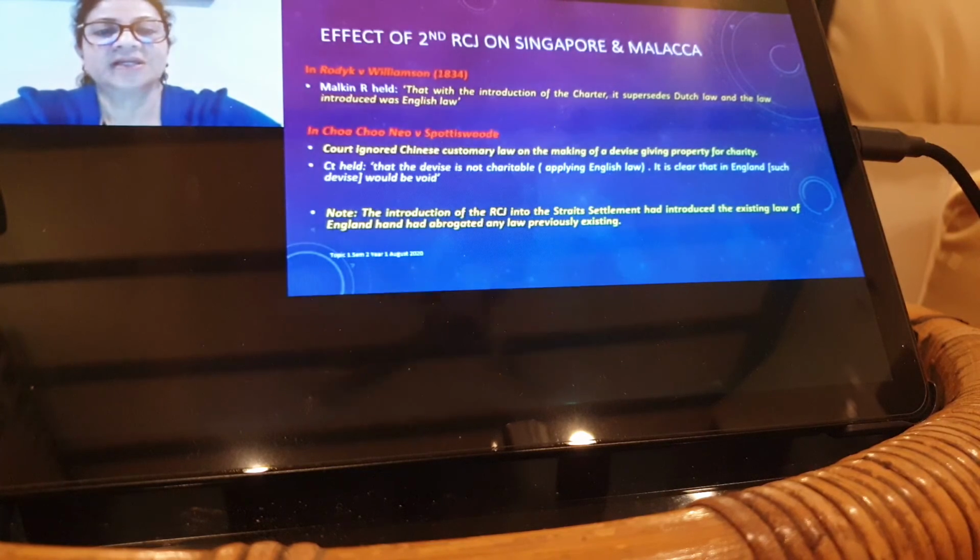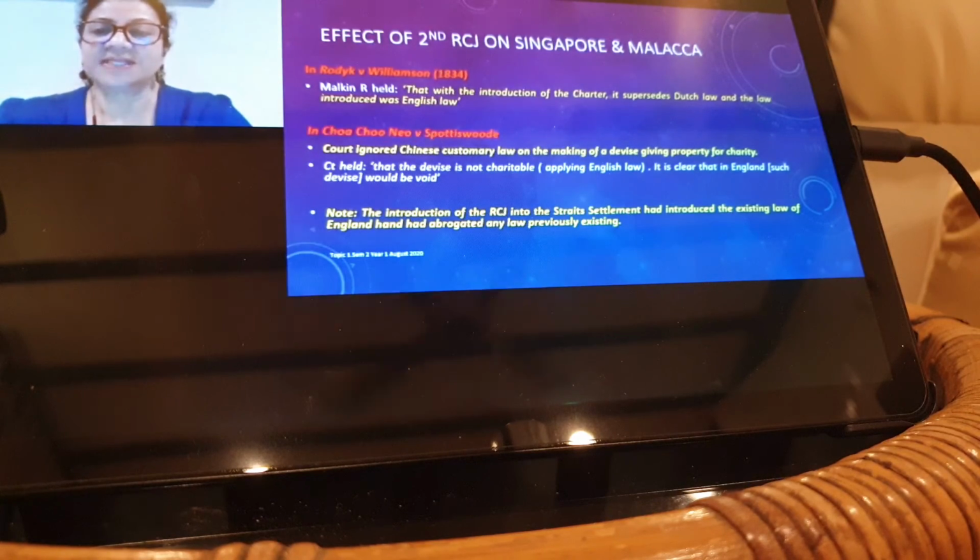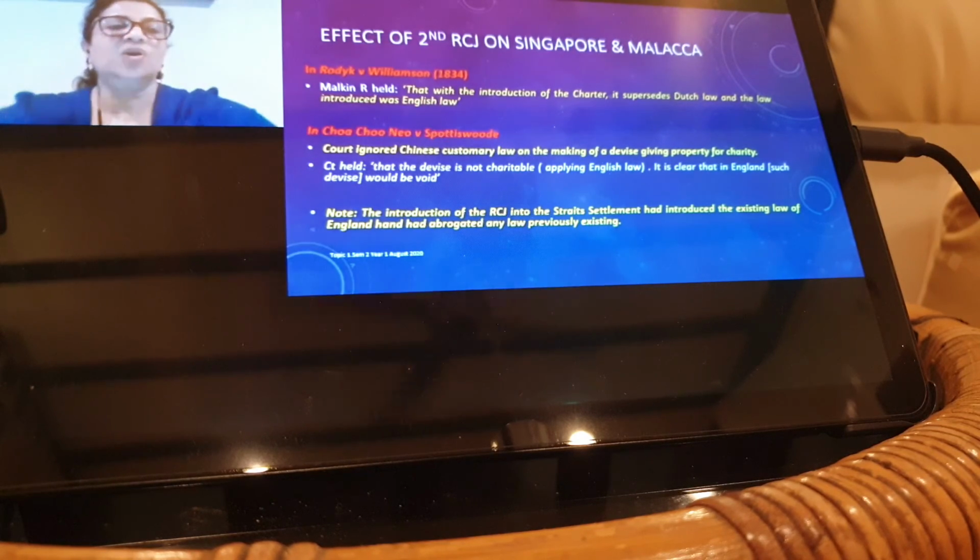So the introduction of the Royal Charter of Justice into the Strait Settlement had introduced the existing law of England and had abrogated any law previously in existence. So English law, if you see, to a great extent influenced the laws in the Strait Settlement.